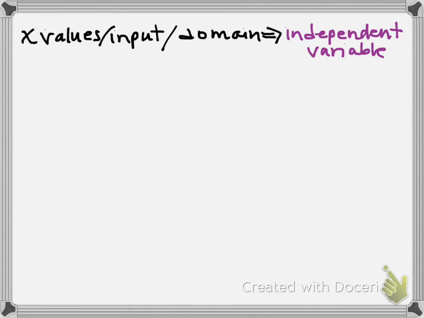You can pick that, or it may be given to you, but it can be any number, okay? Anything can go in there. So it's independent because it can be any value. So this is the hard part, is that kids will ask, well, what numbers am I supposed to pick? And the answer is anything you want.